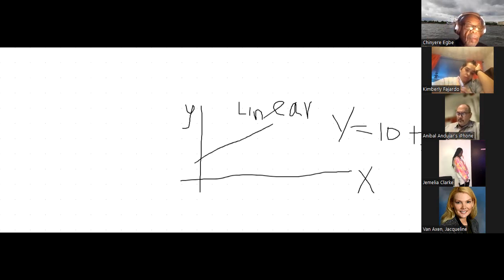But the next thing we're going to talk about today is a function that is not linear. We're going to be dealing with a quadratic function, okay? A quadratic function is one that can start to fall, and then it will reach a bottom, and then it will begin to rise again.